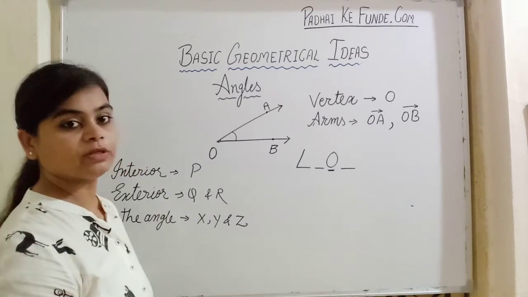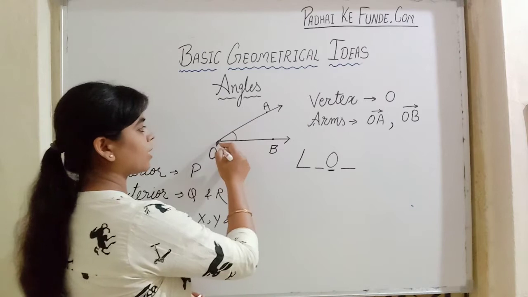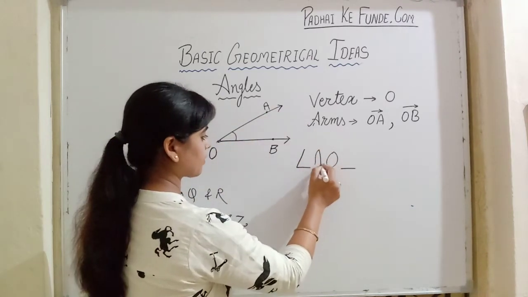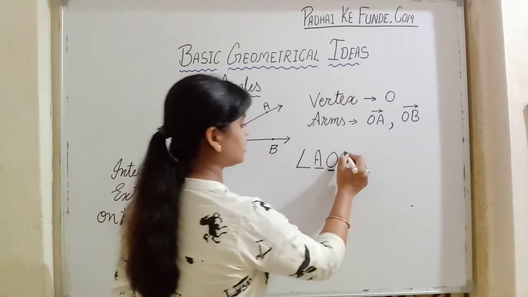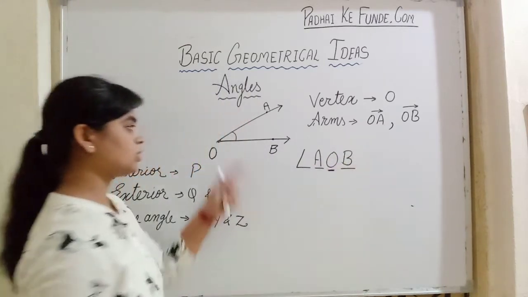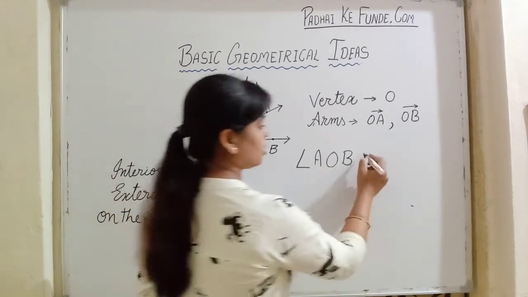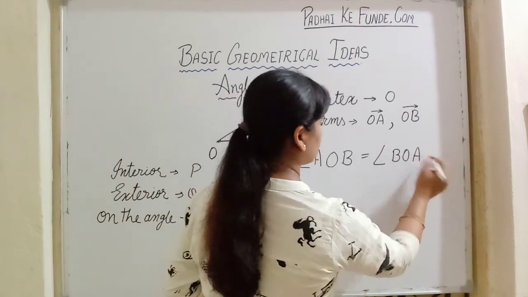The other two will be the points of the rays. That is ray OA: O we have written, so the other is A. The second ray is ray OB: O we have written, so the other is B. So the angle drawn here is angle AOB, or we can also write it as angle BOA.